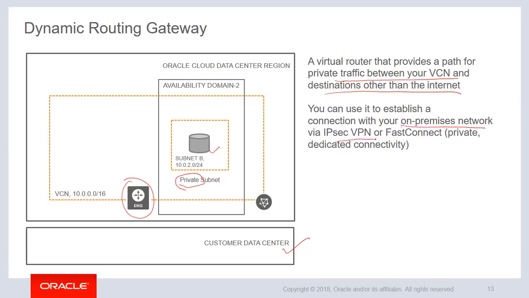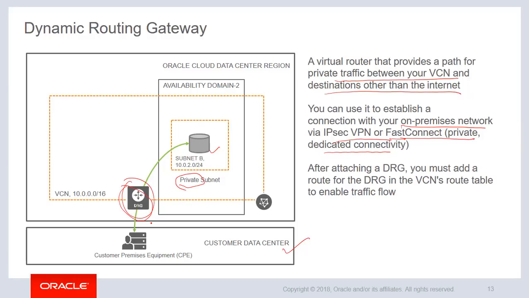You could either use an IPsec VPN, virtual private network, or you could use a dedicated private connectivity. In the case of Oracle, it's called FastConnect. And as you can see here, this particular gateway is used to carry the traffic to your on-prem environment for all the destinations other than the internet.